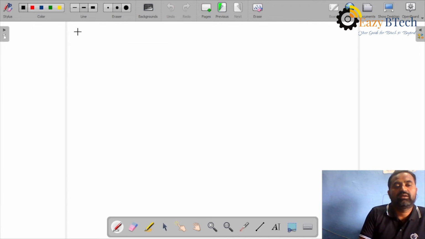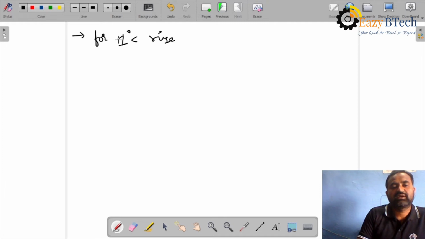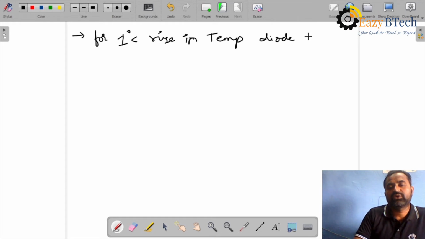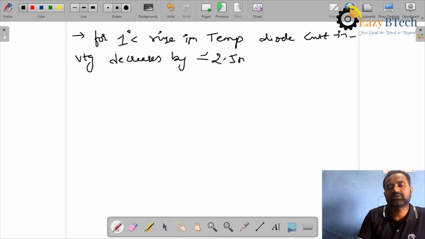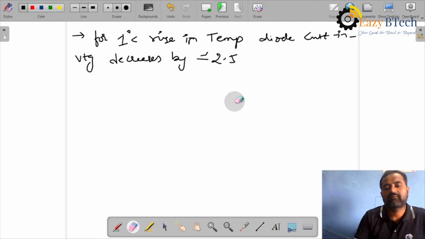Similarly, for 1 degree rise in temperature, the diode cut-in voltage decreases by approximately 2.5 millivolts.